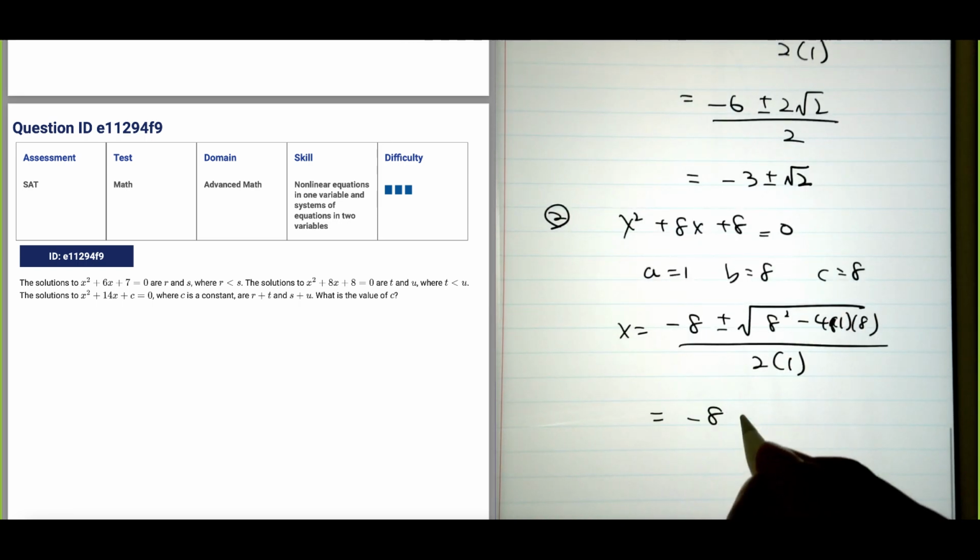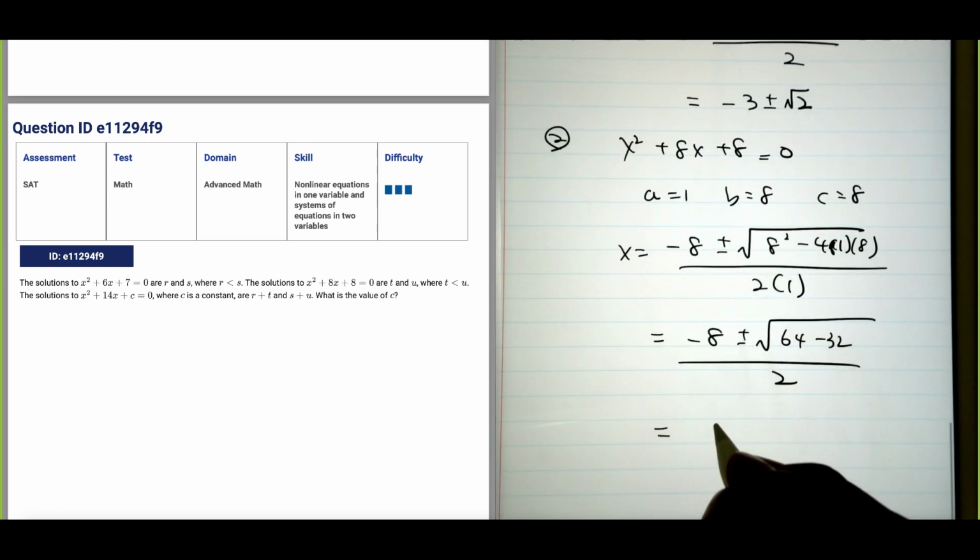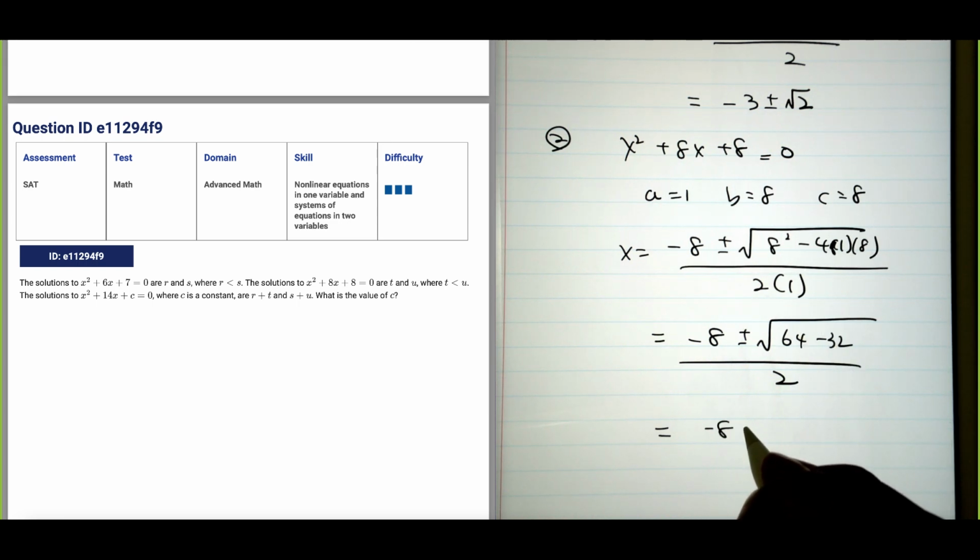So I have negative 8 plus or minus the square root of 64 minus 32, divided by 2. And here I get radical 32, but if you remember, 32 is 2 to the 5th. In other words, 4 of the 2's can come out and become 4, and we still have radical 2, divided by 2.